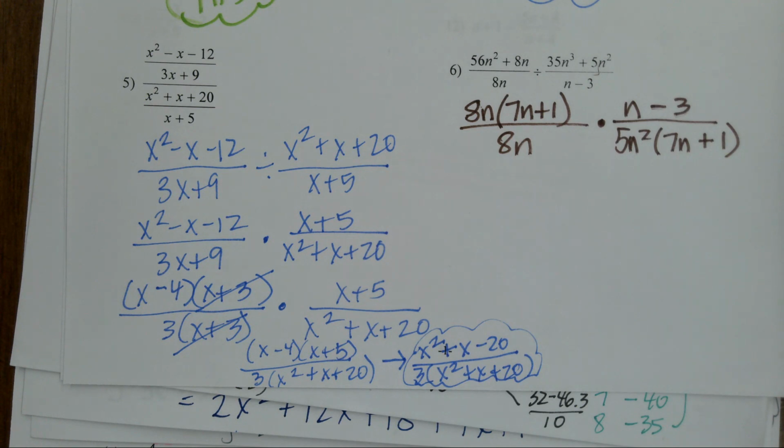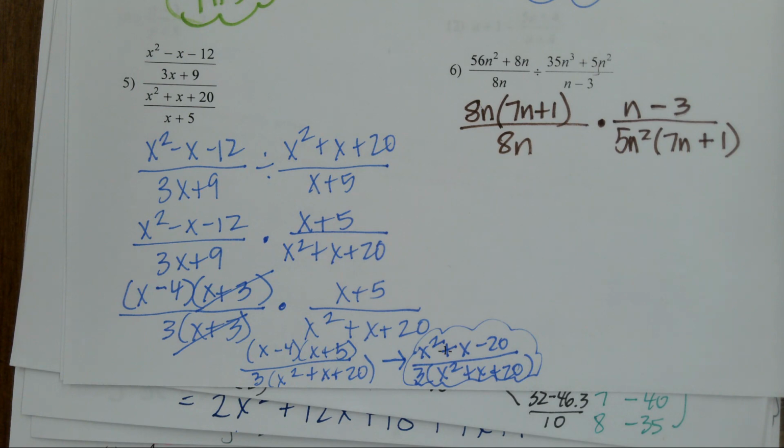Can I factor the 8n now? I couldn't factor the x squared. Is it okay to cancel out the 8n? Yeah, why? It's not followed by what?